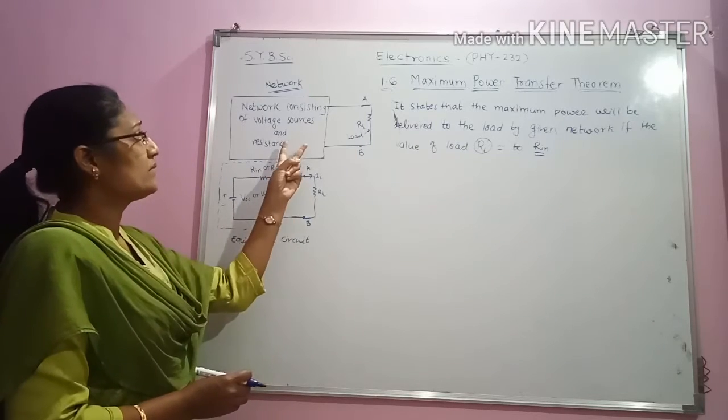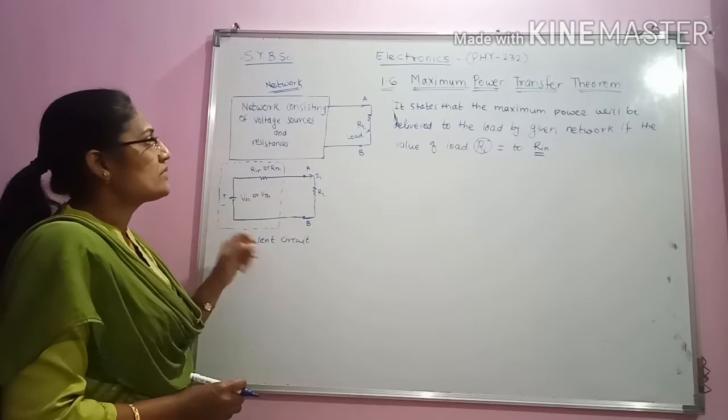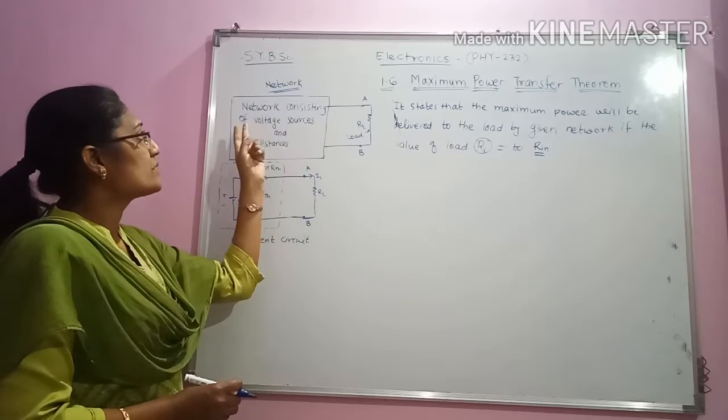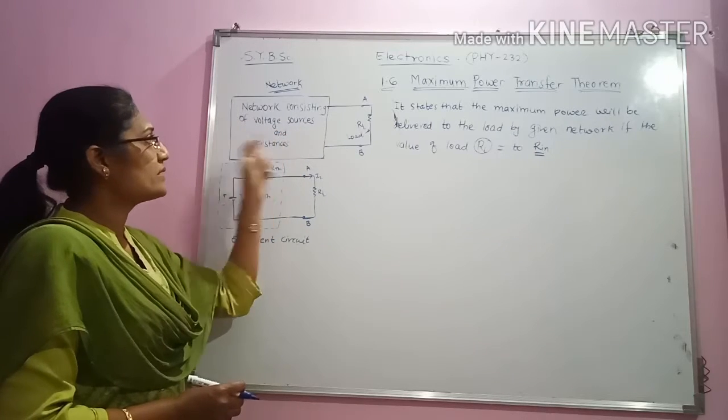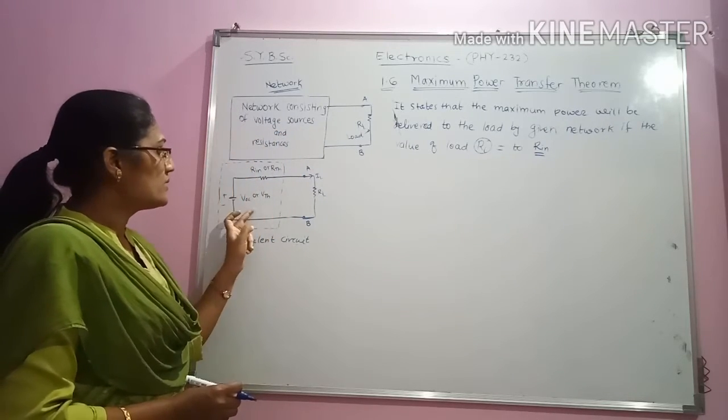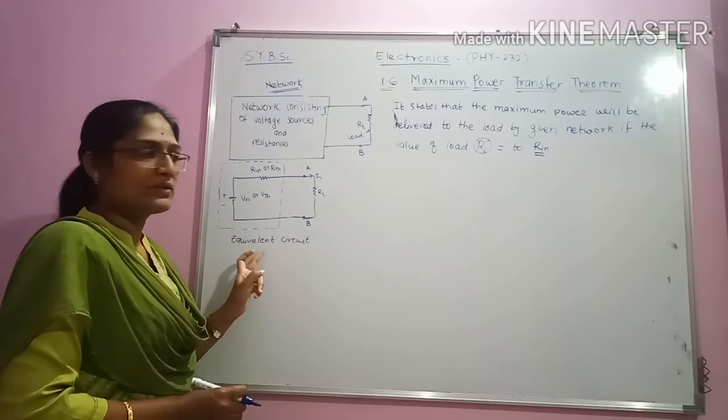Now consider these two structures. The first one is a network consisting of a voltage source and resistances, and this is its Thevenin's equivalent circuit.